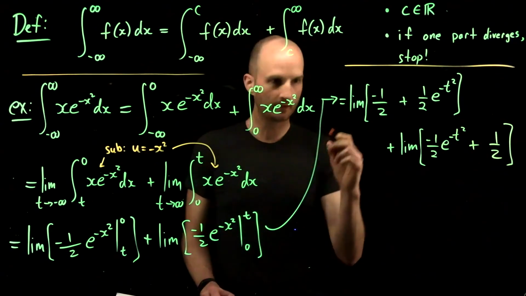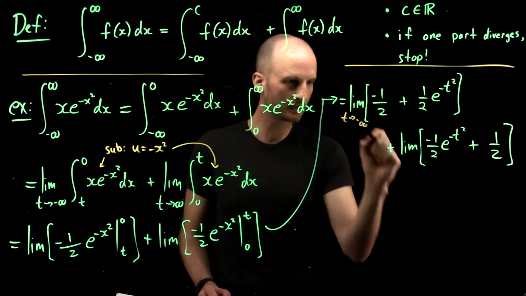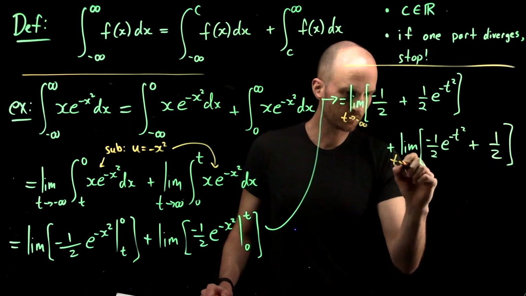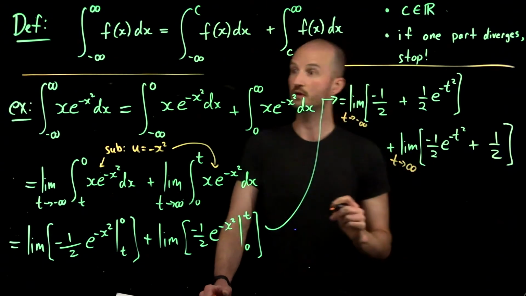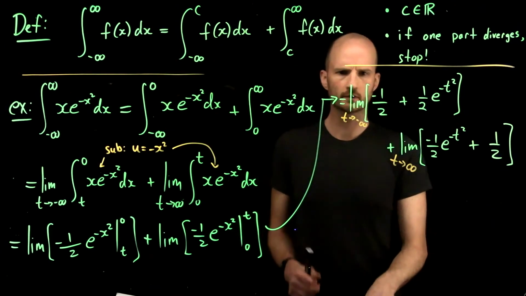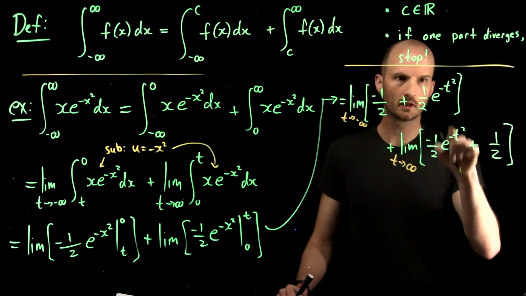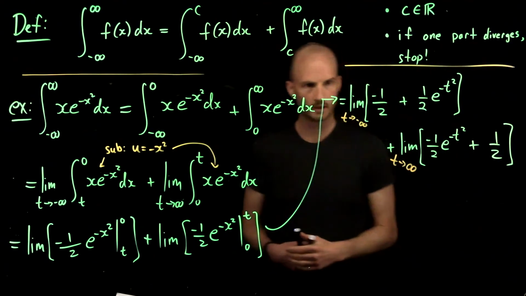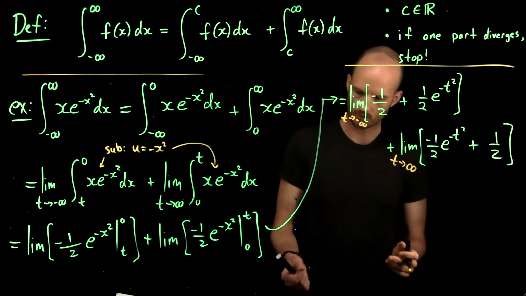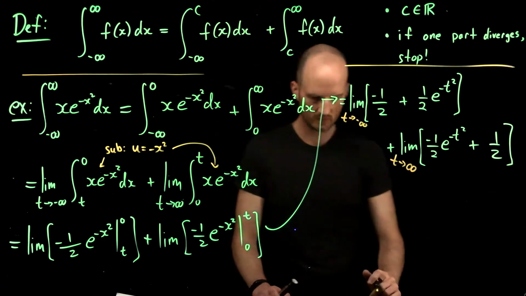I should rewrite what's happening with my limits. Here it's going to minus infinity, and here it's going to plus infinity. But it doesn't matter, because the t is being squared. So it doesn't matter if t is going to plus infinity or minus infinity. In either case, it ends up positive. So let's write that down.